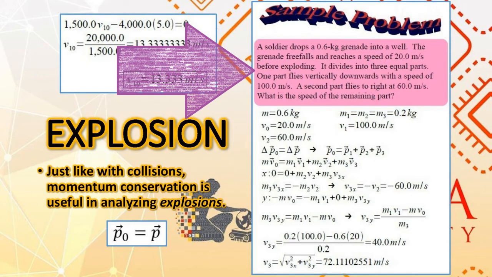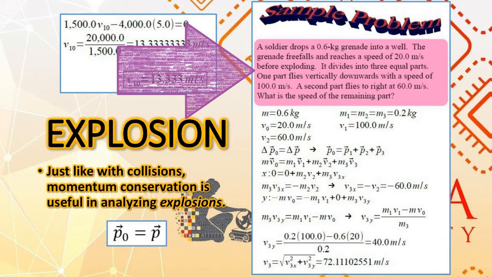So let's have one example for explosion, and that will be it for our impulse and momentum discussion. Consider the following problem. A soldier drops a 0.6 kilogram grenade into a well. The grenade free falls and reaches a speed of 20 meters per second before exploding.